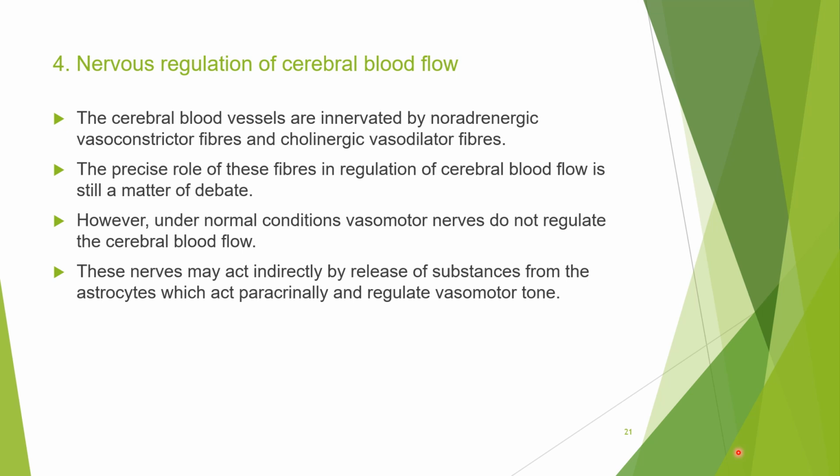And in severe hypertension, what happens? The noradrenergic sympathetic nerves cause vasoconstriction and reduce the cerebral blood flow. This prevents cerebral vascular hemorrhage and stroke, and it protects the integrity of the blood brain barrier also.